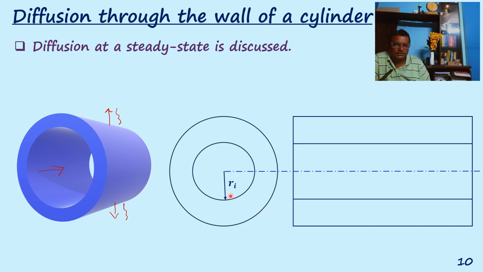Let me first use radius. So Ri is the inner radius and Ro is the outer radius. On this view also you have the inner radius and outer radius. Then this is the length of that cylinder, and let that length be L.